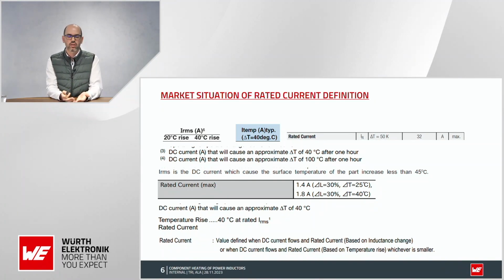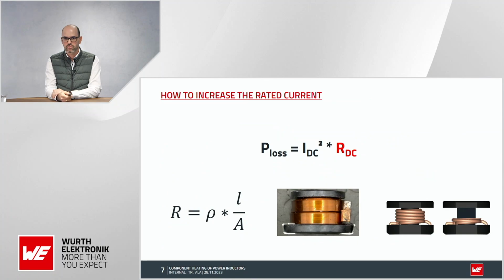Because at the end, this is what I want to know. I'm choosing a part because I want to know how the self-heating will be, and then I can estimate if this is suitable for the application I want to build up. But okay, so much for the data sheet.